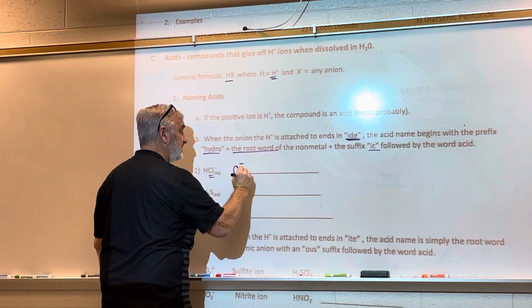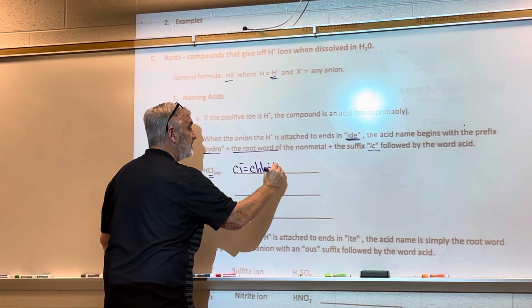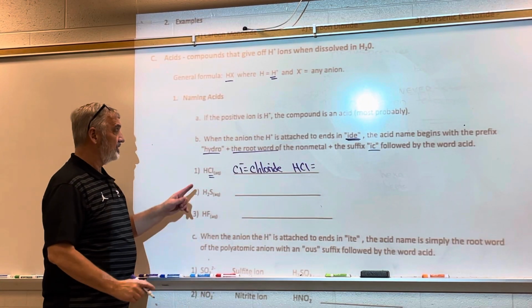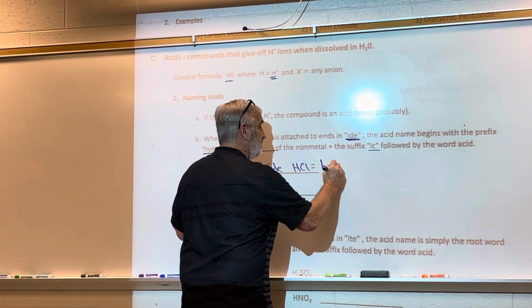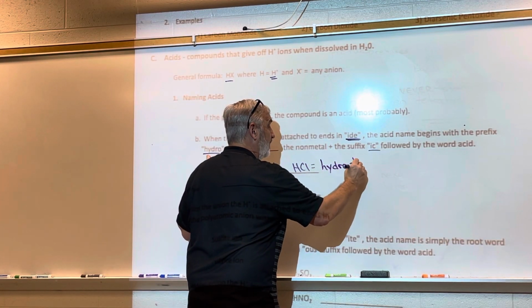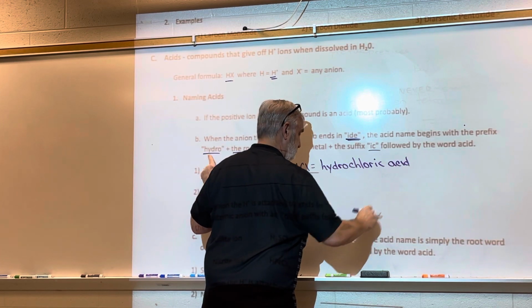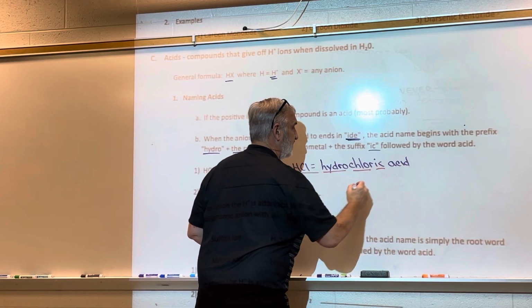So Cl minus is equal to chloride. So HCl is going to equal hydro, the root word chlor, and then ic acid. Hydrochloric acid.